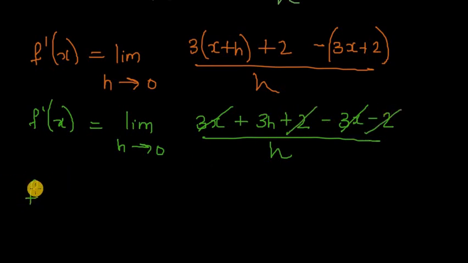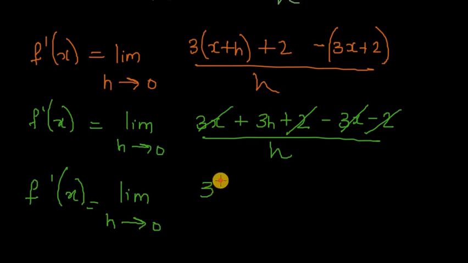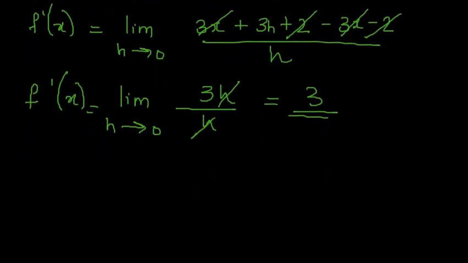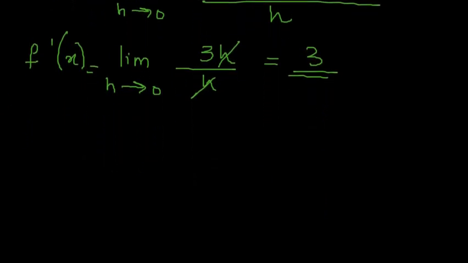3x cancelled, 2 minus 2 cancelled. So f dash of x equals limit h tending to 0, 3h upon h. The h's get cancelled. So you apply the limit, what do we get? 3. Which clearly means that f dash of x is 3.